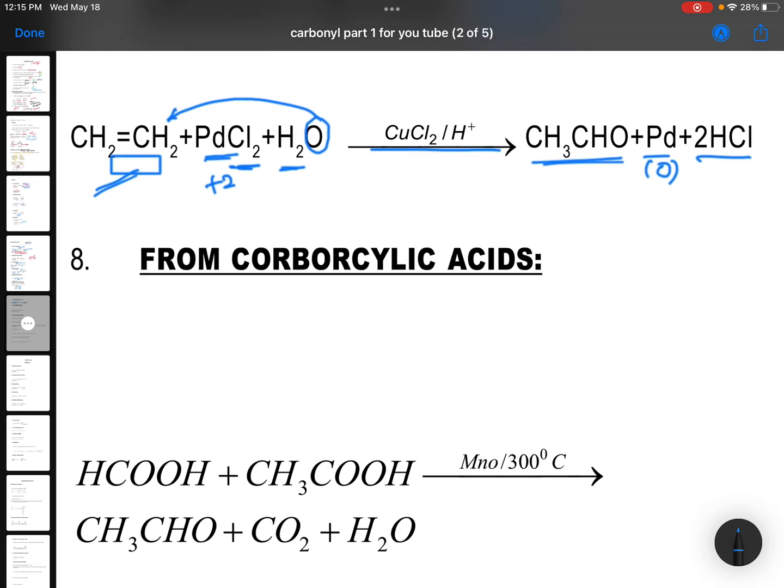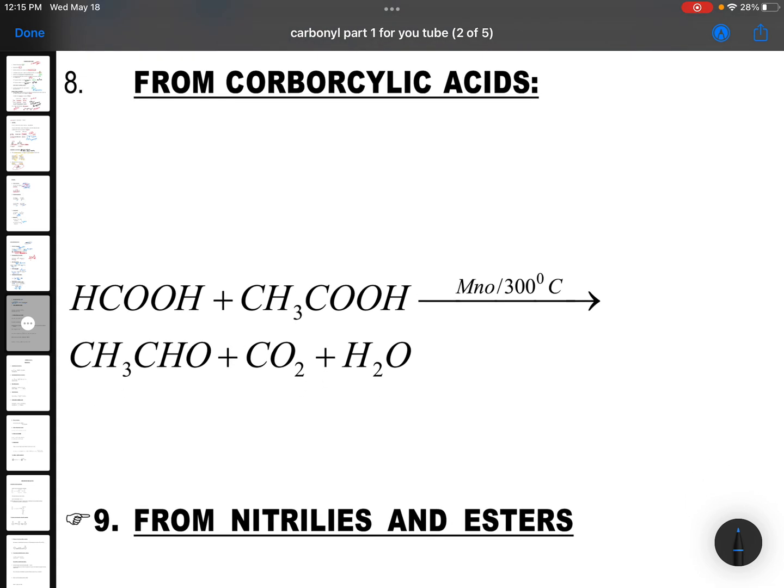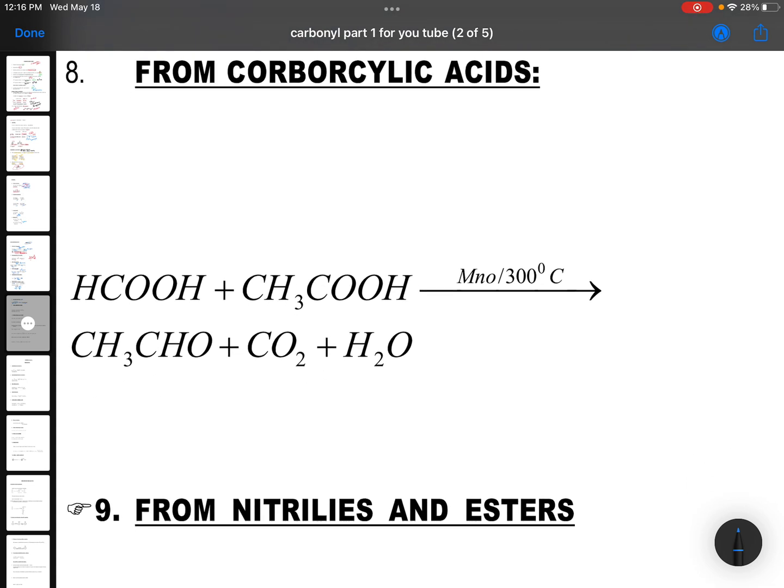PdCl2. From carboxylic acids, if you see, HCOOH and CH3COOH, when you are heating, you get acetaldehyde. This is very similar to the dry distillation reaction. If you are using only HCOOH, formic acid, you will get HCHO. If you are using a mixture of formic acid and acetic acid, you will get acetaldehyde.